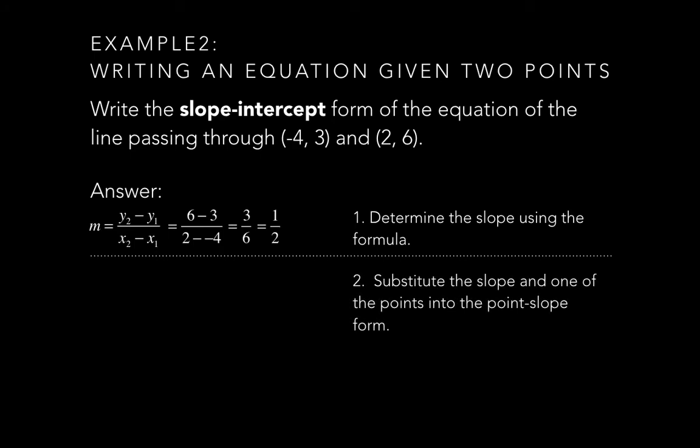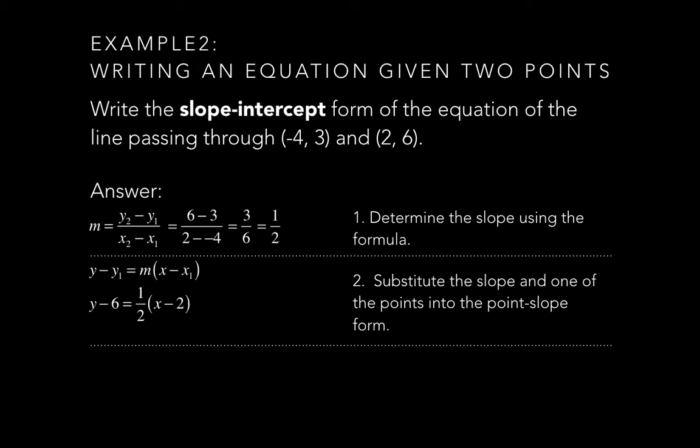Now we'll substitute that slope of 1/2 and one of the points into the point-slope form. So you just get to pick whichever point you like. There is the form, and we will substitute in that second point. 6 into the y1 position and 2 into the x1 position.